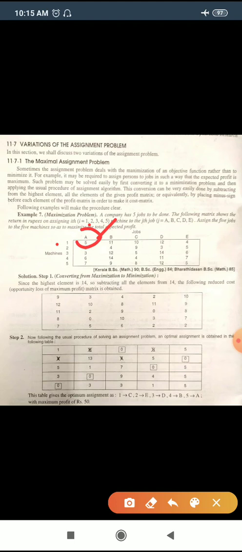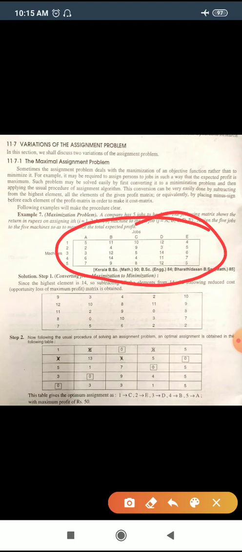How? First of all, we find the highest value in this table, and this is 14. 14 is the highest value, and we subtract each cell value from 14, and we get the cost table. So first of all, the maximization problem is converted into a minimization problem using this method.